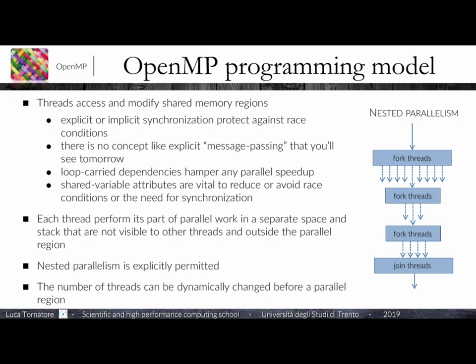If this variable is not defined, by default, the number of threads created is equal to the number of cores that you have on the socket of the fodder process. So if the fodder process is running on a socket with 18 cores, the default is that you spawn 18 OpenMP threads. But you can change this with environmental variables or inside the code. So you can have different numbers of threads in different parallel regions in the same code.